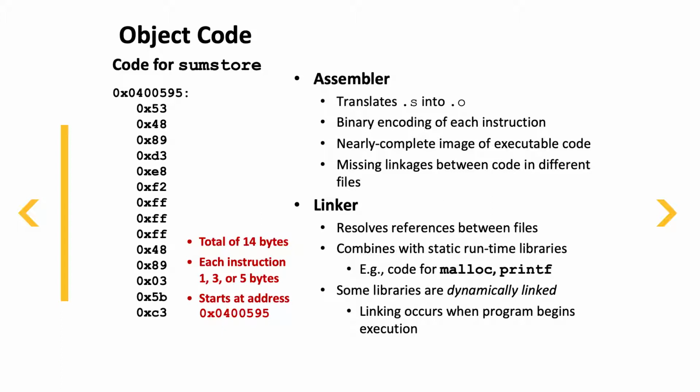And we want to keep in mind that some libraries are dynamically linked, and that means that linking occurs when the program begins to execute, and we generally specify those in GCC. When we compile, we specify the dynamically linked libraries that can come in. DLLs in Windows are an example of dynamically linked libraries.